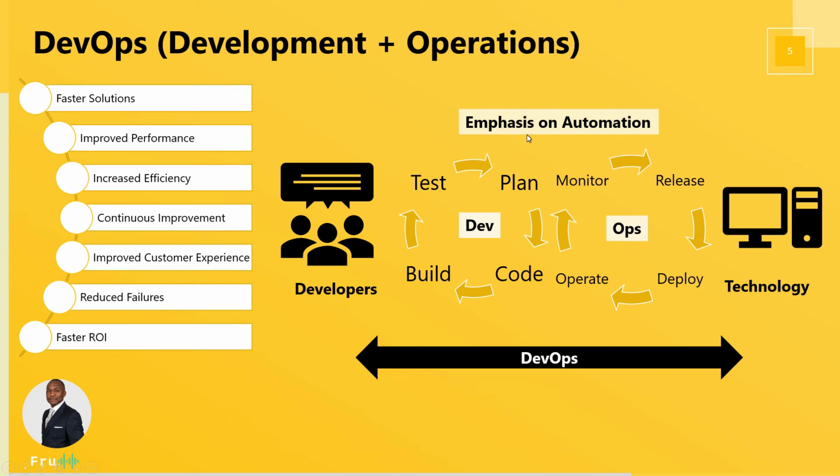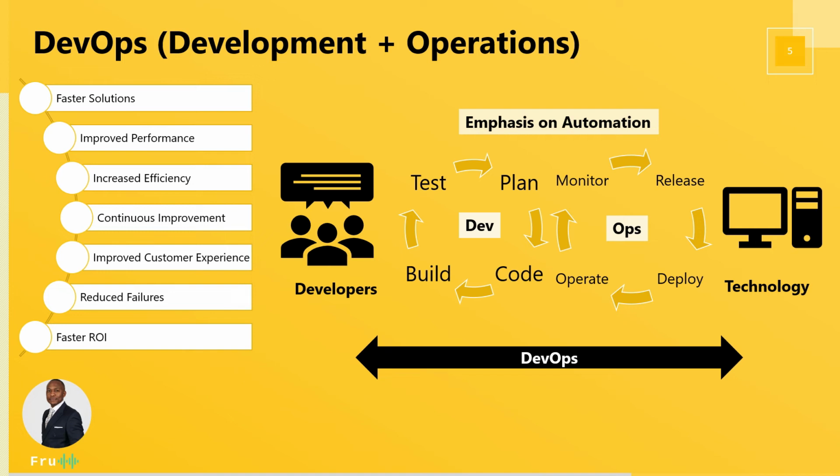We saw in Agile, the main focus was on collaboration. But here, the main focus is how developers use the technologies and the tools they have at their disposal to build products quickly in ways that reduce failure and human interaction.